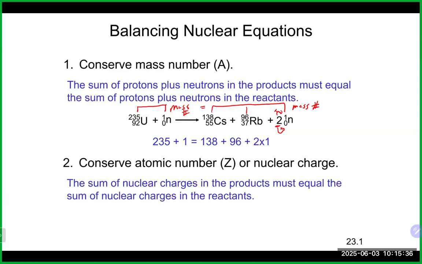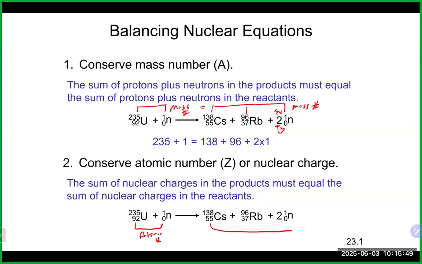We also need to balance the atomic numbers. The atomic numbers on the left-hand side need to equal the atomic numbers on the right-hand side. That is how we balance a nuclear reaction.